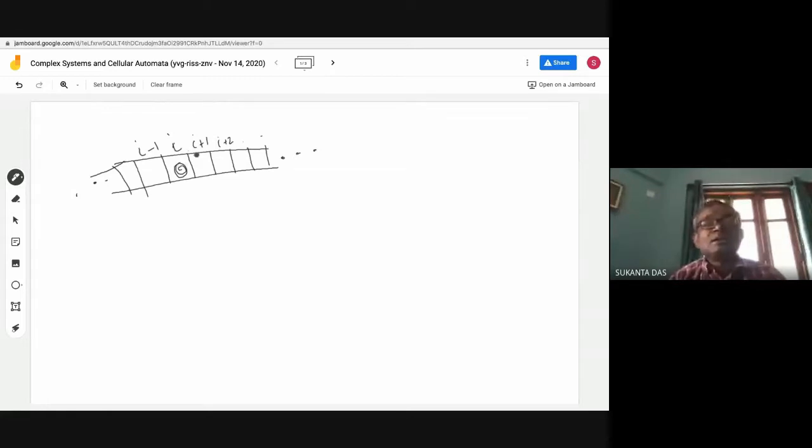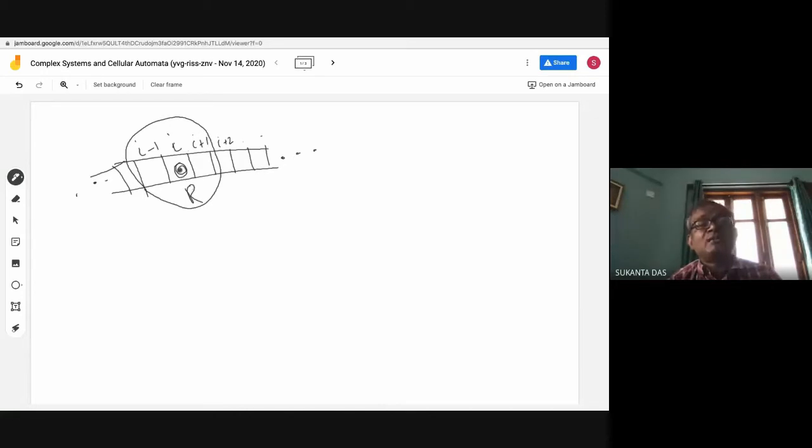Now, see what is the meaning of this locality. Say I am applying rule R here. And suppose for simplicity you consider that this rule depends on these three cells. Now see what is happening when R computes.